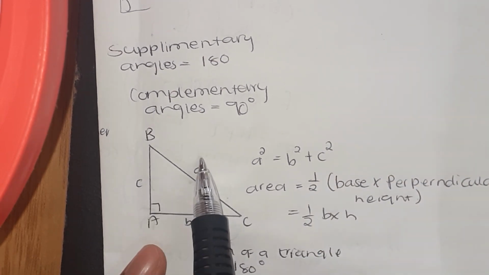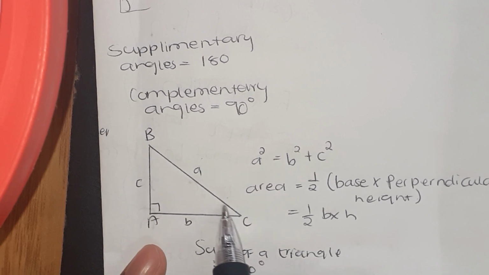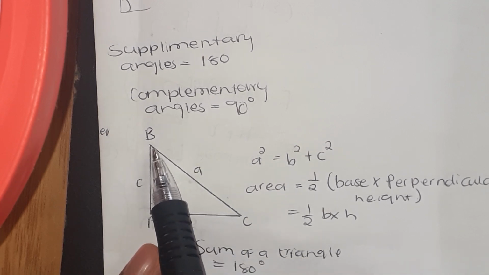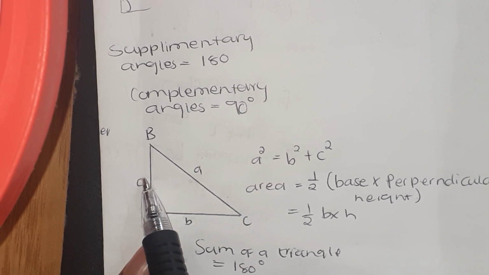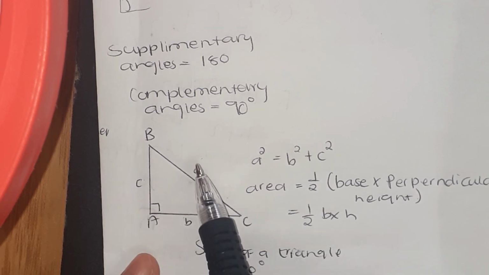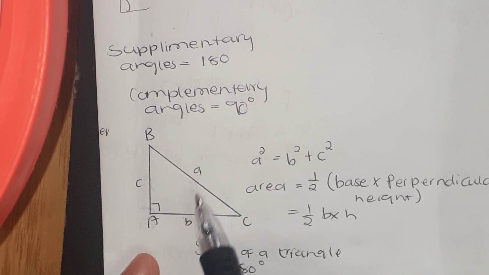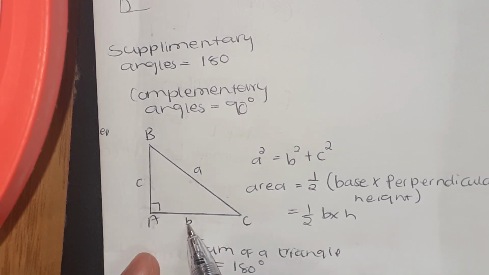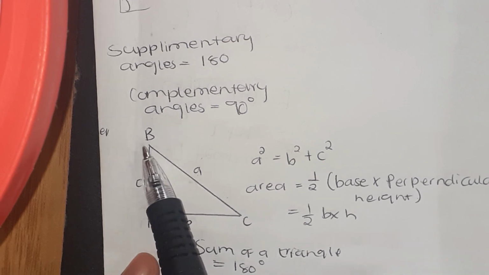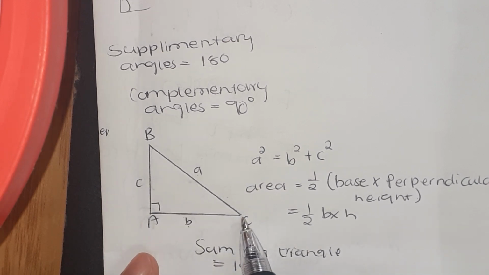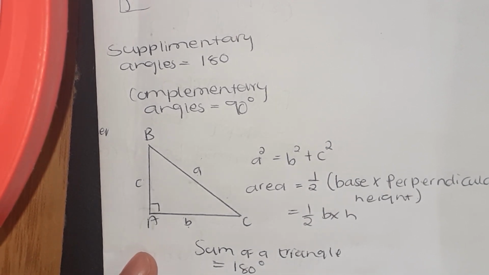Now, when you have this, this is a small a, opposite, and this is also opposite, right? So this A squared equals B squared plus C squared. This is the longer side, the hypotenuse, and this is the Pythagoras theorem, right?